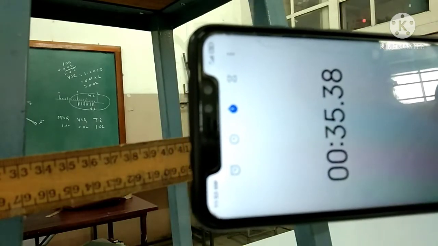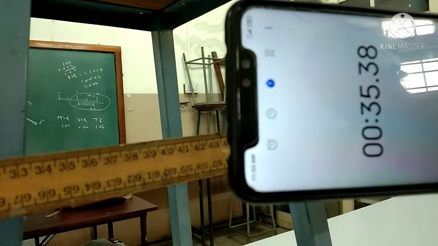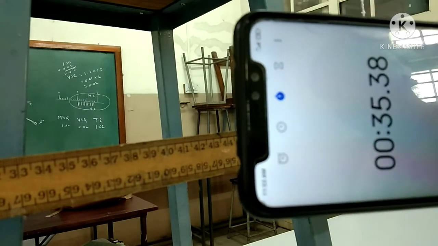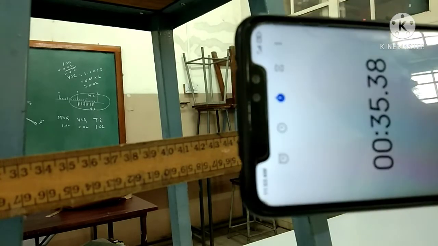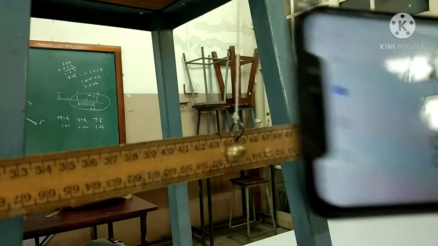Now for 20 oscillations the time is 35.38. So this much time is required for 20 oscillations for 80 centimeter length of a pendulum.